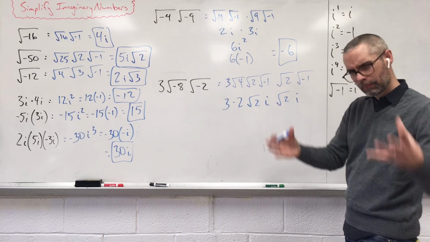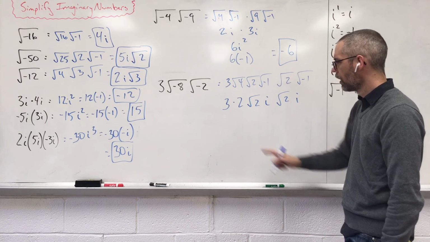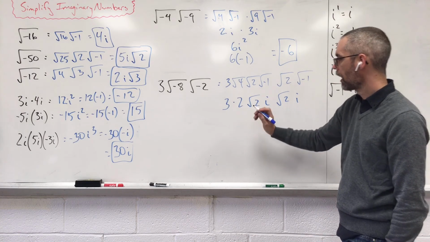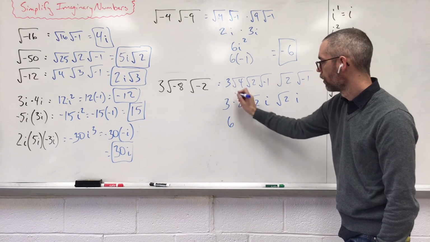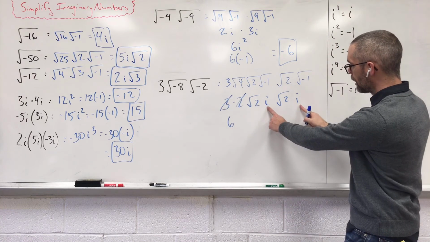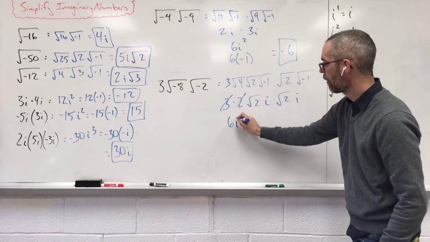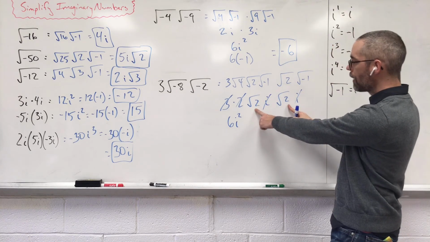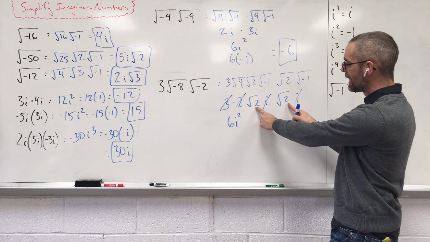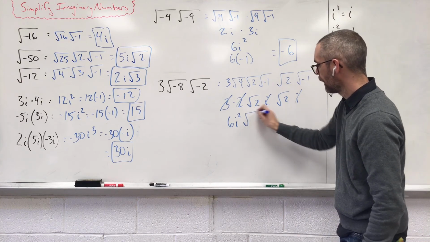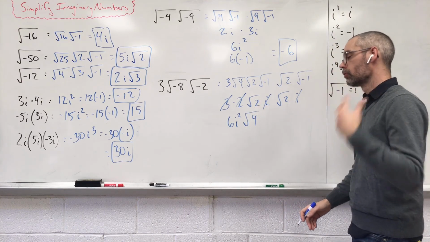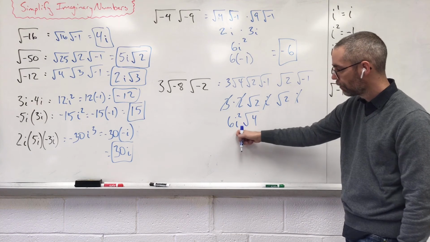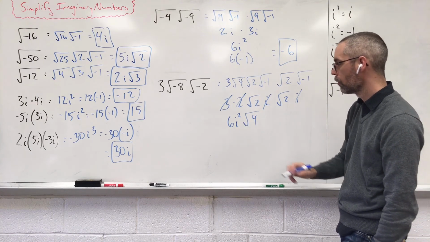Now let's combine things and put things in order. 3 and 2, they're both on the outside, so we'll combine them. i and i, they're both on the outside, so let's put them together: i squared. And then now I'm allowed to multiply these both together, so I get square root of 4. There's two things we can do here: I can simplify i squared, and I can simplify square root of 4.